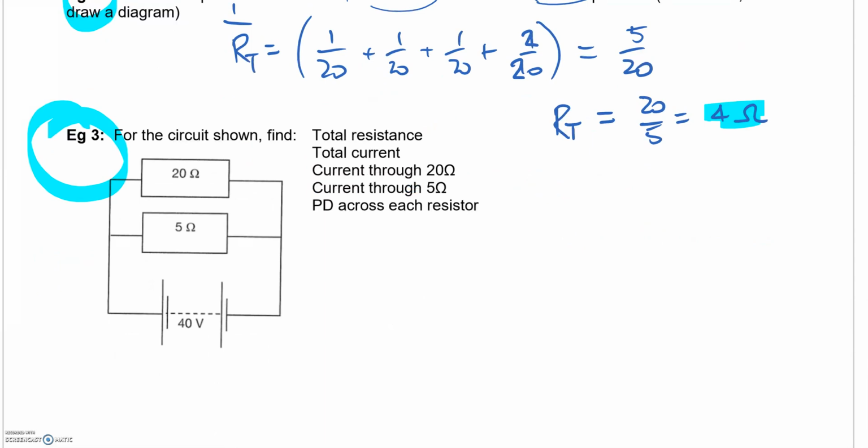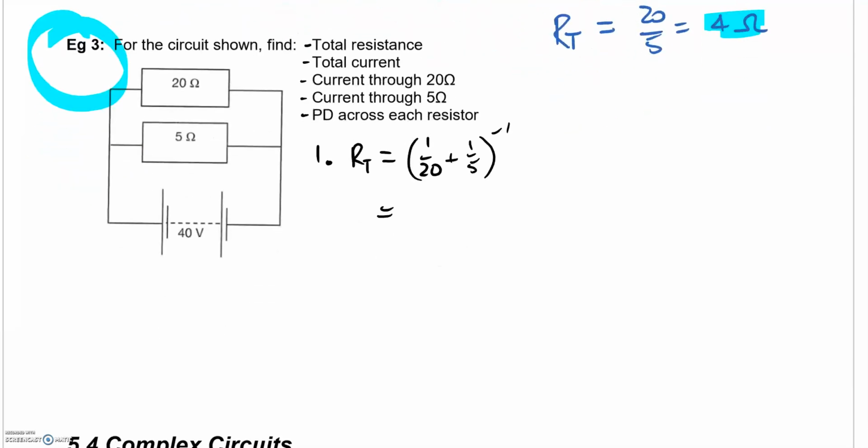And you can see this is a pretty typical question because it's sort of breaking it up into parts. So I'll go first of all the total resistance. They're in parallel, so you've got 1/20th plus 1/5, inverse of that. Lowest common multiple is what you want to use here.